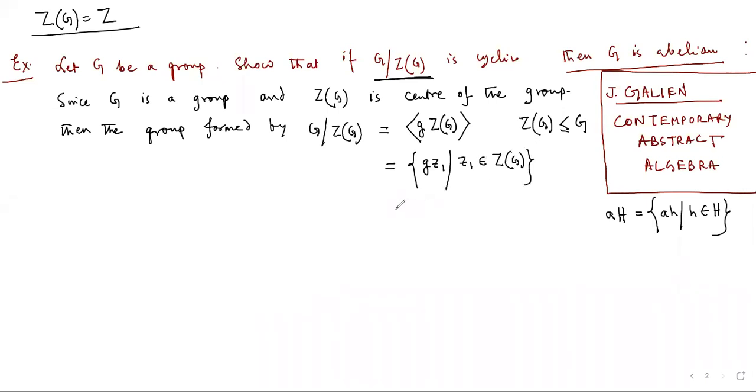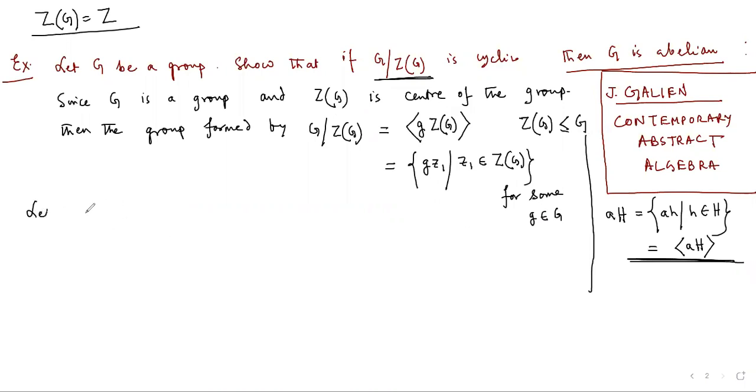So easily we can consider this to be a set generated like this. Therefore I am writing here that this quotient group G/ZG is actually of this form, and this will happen for some small g belonging to capital G.